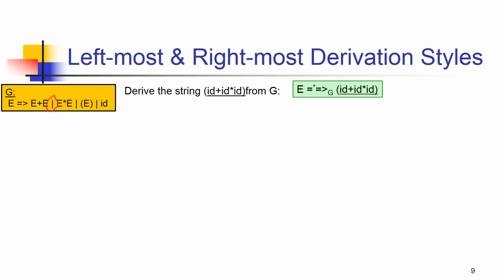But in terms of computer algorithms, definitely we require a certain way or mechanism. We cannot move in a random manner. Hence, we have two different ways to generate a particular string. That is, either I can use leftmost derivation or I can use rightmost derivation. Now, let's see further.